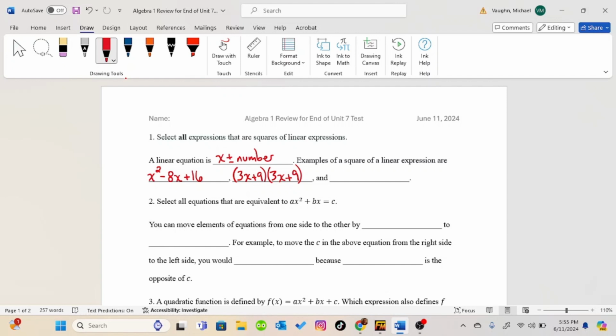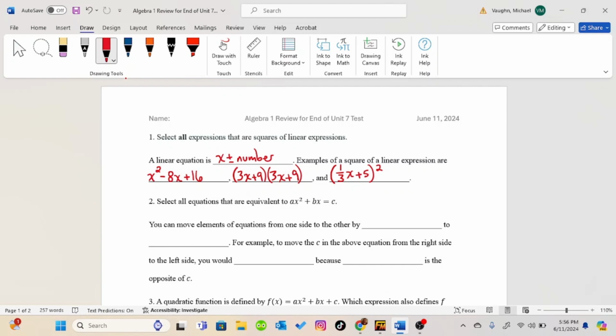And the last example you might see is a vertex form, where we might have something like 1/3 x plus 5, squared. Here we have the same factor twice, therefore it's being squared, and each factor by itself is a linear expression.